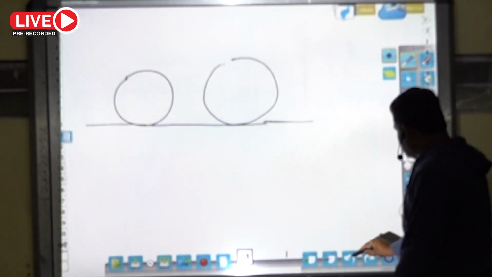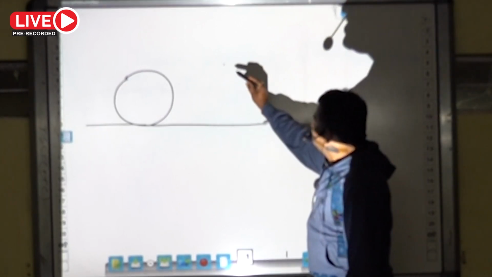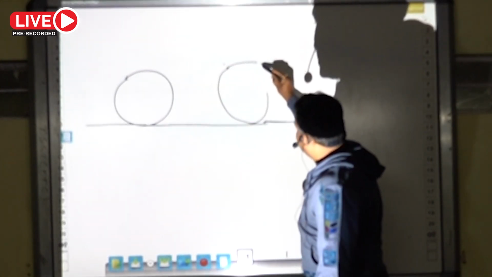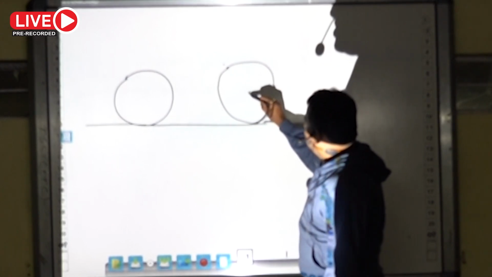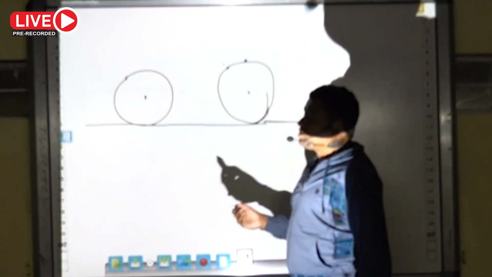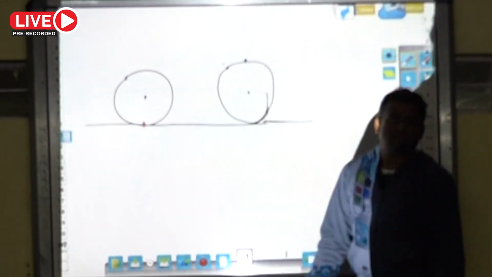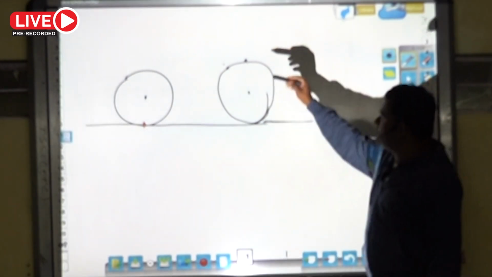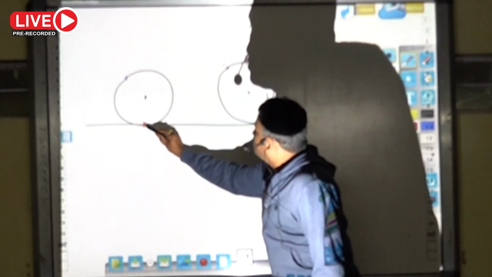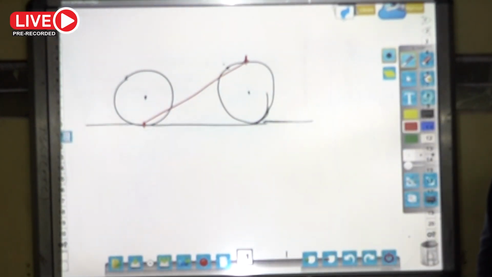Now what happens in this case? This was the initial contact point. Now this contact point after half revolution goes here. So you have to calculate this distance to calculate the displacement of that contact point.